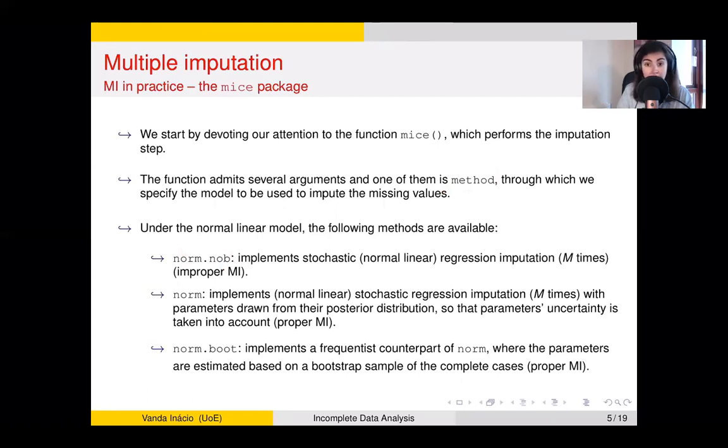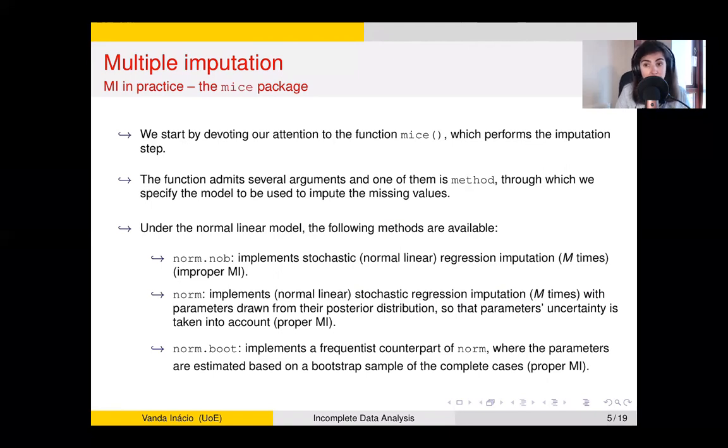norm.nob implements stochastic normal linear regression imputation. So it's just stochastic regression imputation conducted m times, and m is the number of copies of the data set that we have made.